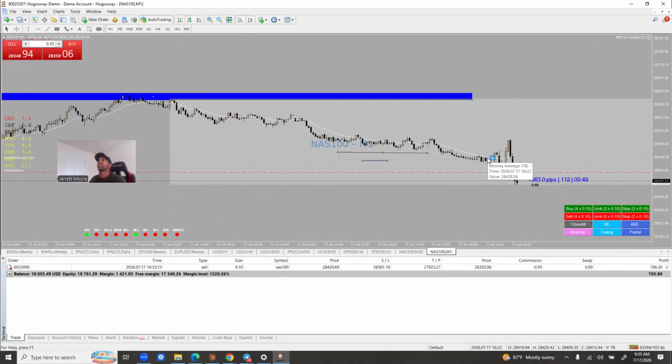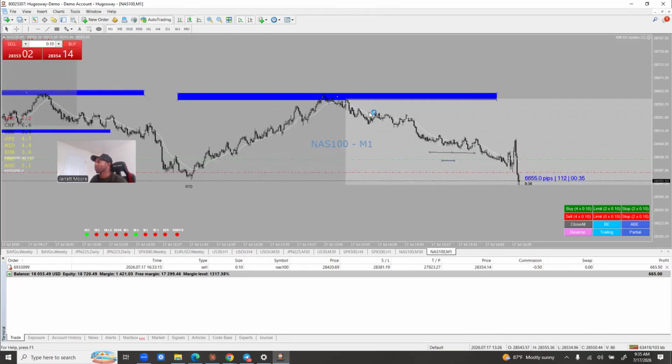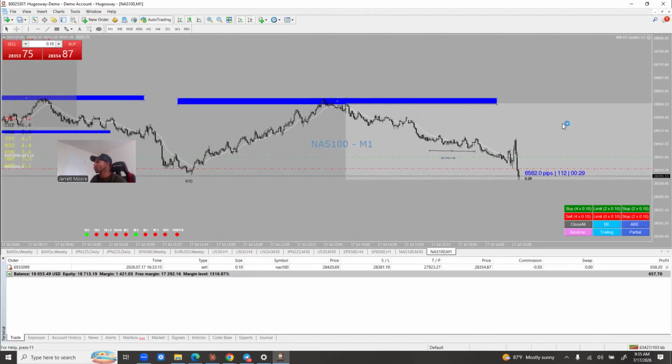We're just going to keep trailing. We're going to trail this on Tradovate as well. There's my stop. Once we take out RTD, usually the market takes off, but we'll see. It may pull back on us again, but that's okay. We're already profited.